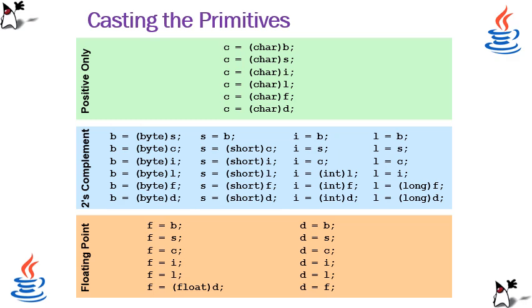That is, when I am assigning a larger value into a smaller type, I have to cast. Whereas when I am assigning a smaller value into a larger type, that is widening, automatic promotion or coercion is happening. Therefore, I need not specify the data type by the side of the target.